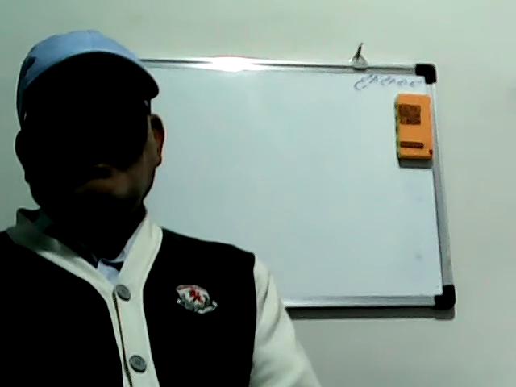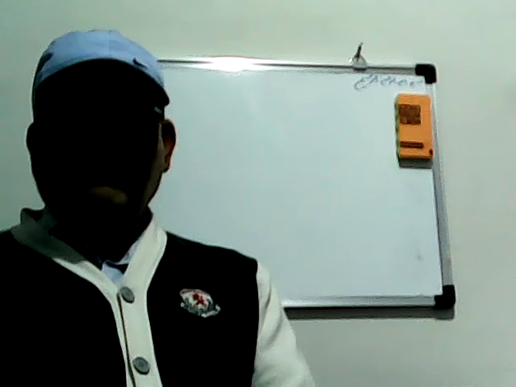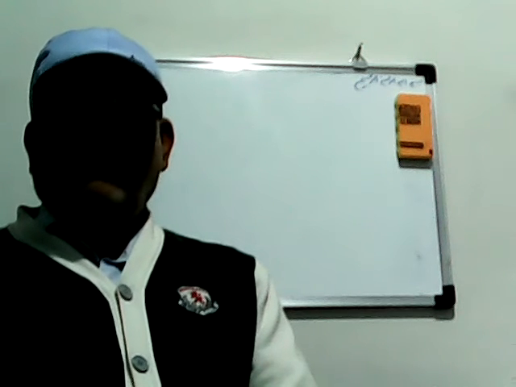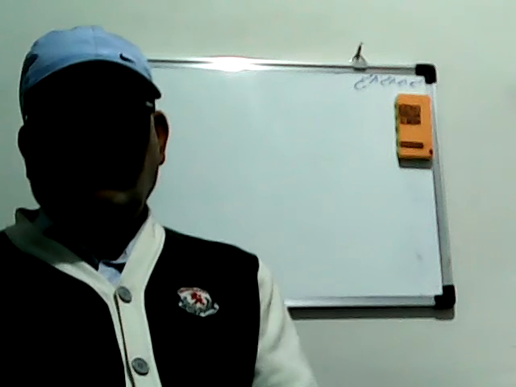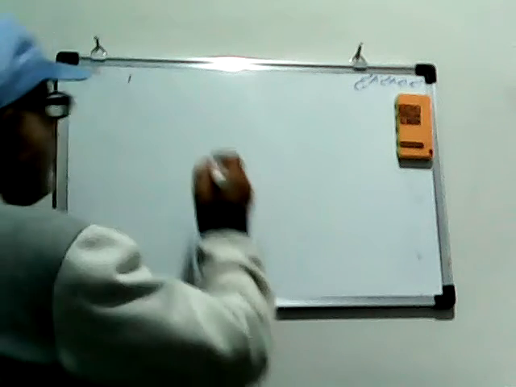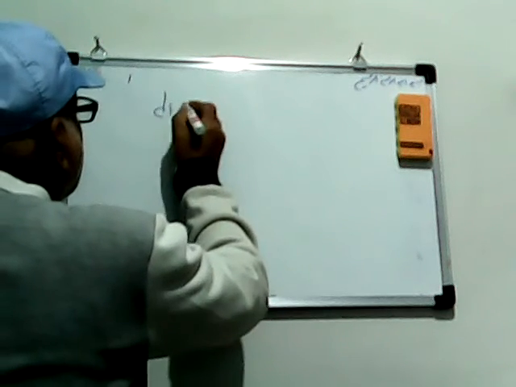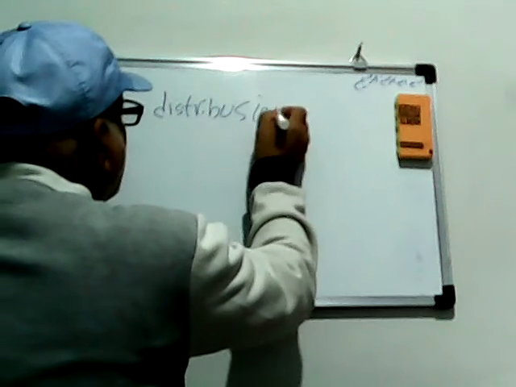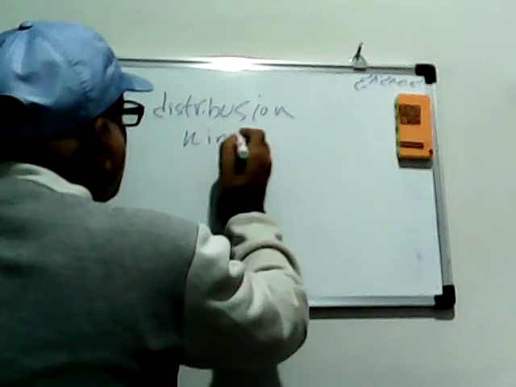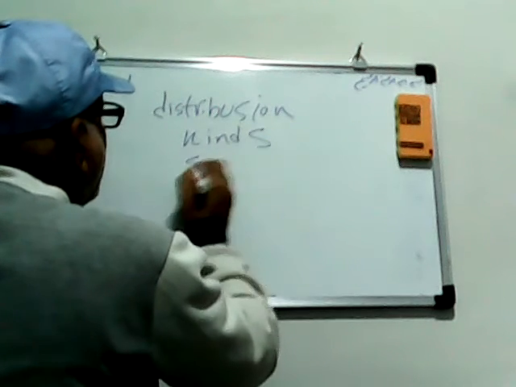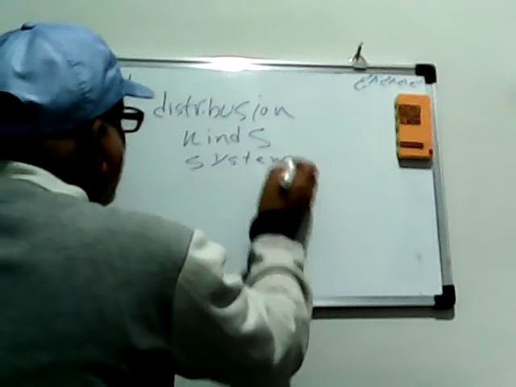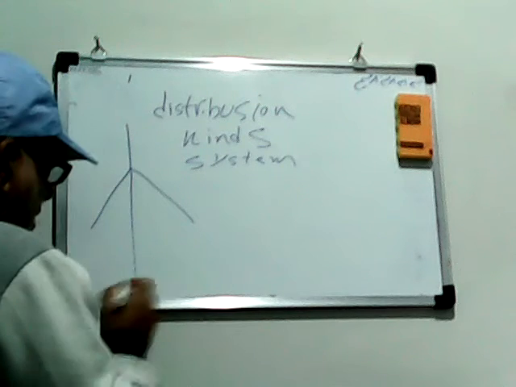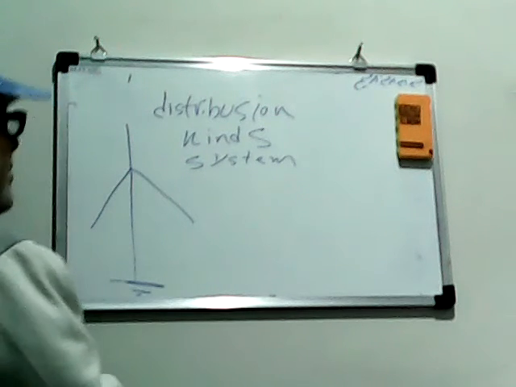After the substation, after the step-down transformer post, these kinds of distribution systems, whether star or delta, doesn't make any difference.